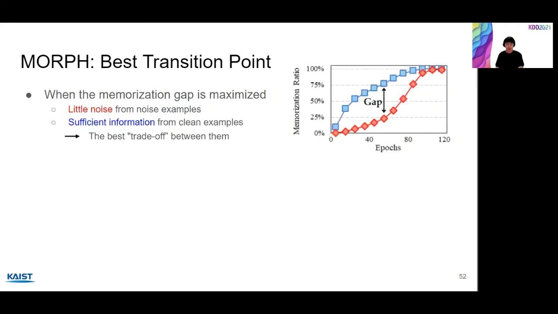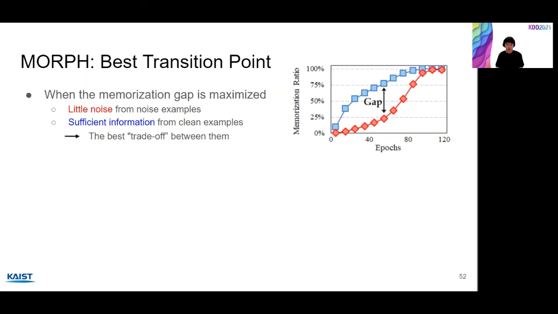This slide gives the answer to the first question: when is the best transition point? Intuitively, the best transition point is the moment when the memorization gap between clean examples and noisy examples is maximized, as shown in the figure on the right side. Because at this moment, the network not only accumulates little noise from the noisy examples, but also accumulates sufficient information from the clean ones.